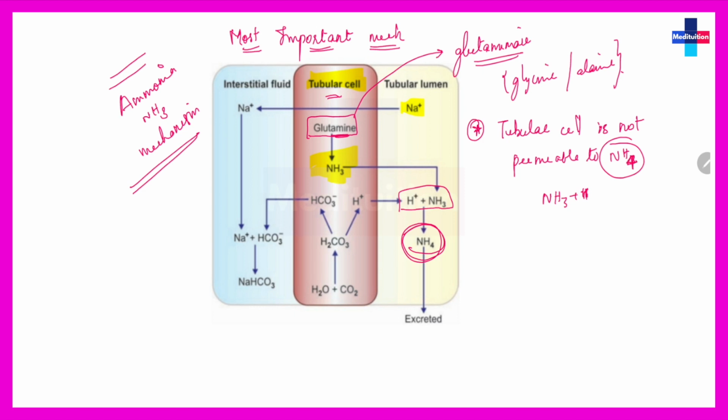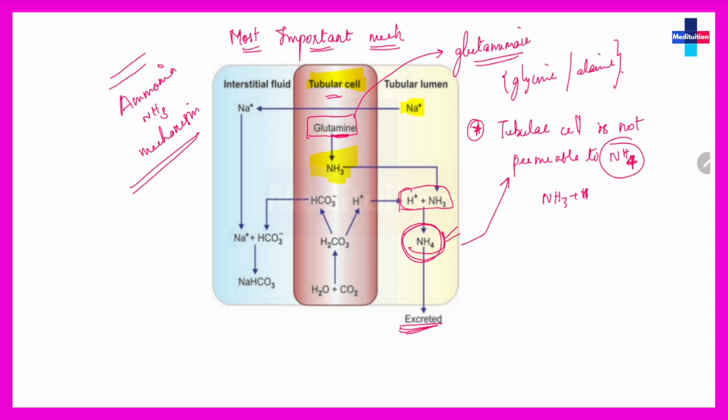Again, it cannot go back. Our NH3 is permeable, like the exchange with sodium, but when it is secreted along with our H plus, this NH4 is not permeable. But our NH3 is permeable, remember. Once it is not permeable, it is excreted in our urine.